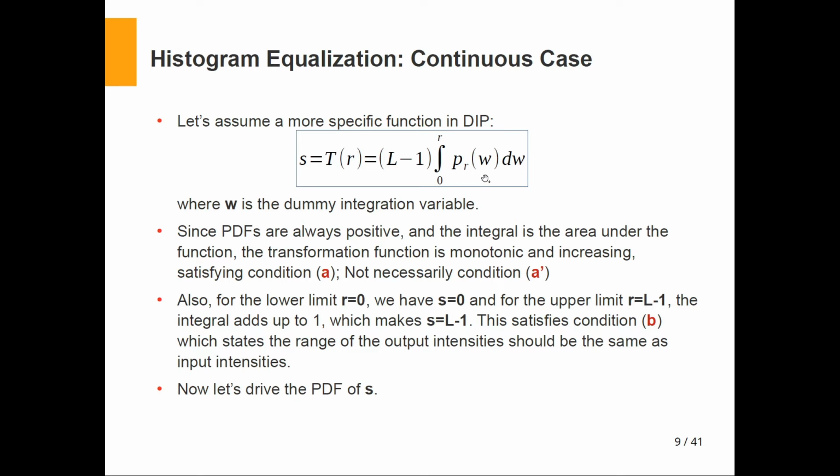So this transformation function satisfies the first condition that we had, condition A. It satisfies that condition, but not necessarily condition A prime, because it is possible that, especially in the discrete case, we have some probability values that are 0, and even though we increase the range, the output function does not increase.